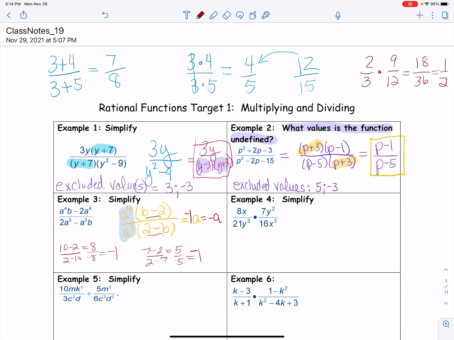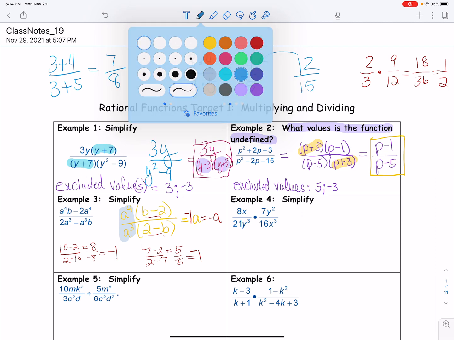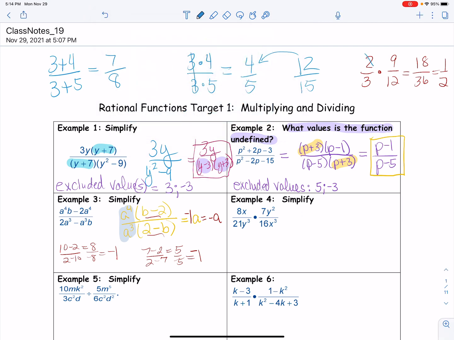So I could multiply and then simplify. Okay, I'm going to use blue. Could I simplify? Sorry, that's a 3, and I put a 1. And then 3 goes into 6, and I simplify, and I get 1/2. So could I simplify and then multiply, or multiply and then simplify? It doesn't matter. You need to make the decision for yourself.